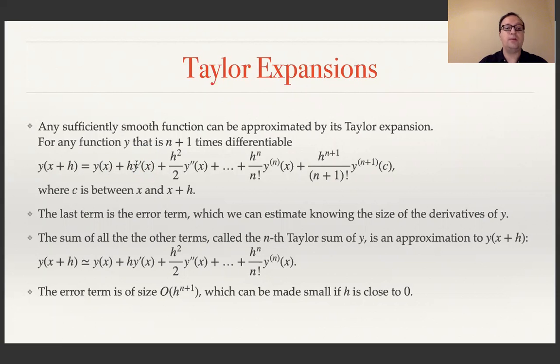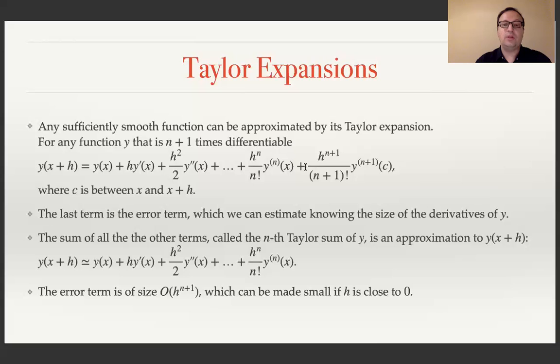So if we know y of x, y prime of x, y double prime of x, or as many derivatives as we want up to the nth derivative of the function at the point x, then y of x plus h is approximately equal to y of x plus h times y prime of x plus h squared over 2 times y double prime of x plus etc., all the way to plus h to the n over n factorial times the nth derivative of y at the point x. And then we get a precise expression for the error term.